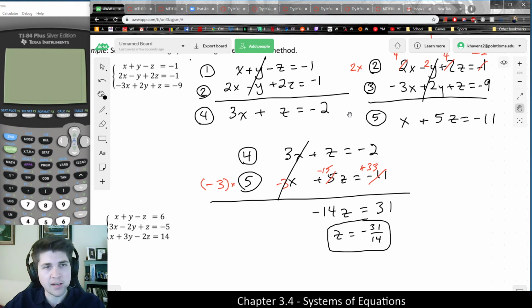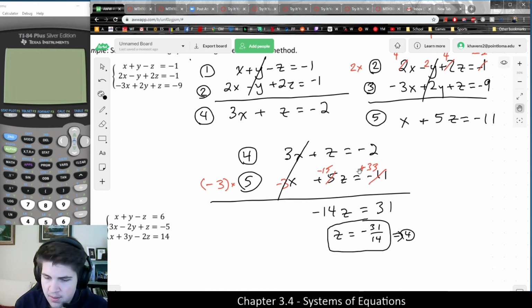Say, for example, I plug it into 4. z would go right there. I could solve for x pretty easily by just adding it to the other side. So if I plug that into equation 4, this would give me 3x plus z is equal to -2.